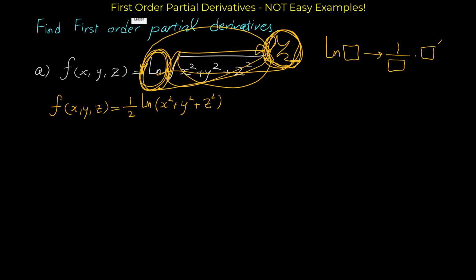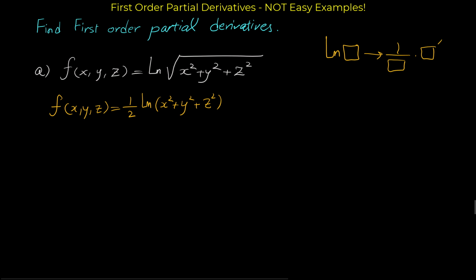So first we use this property, and then we find the partial derivatives. This function has 3 variables, so we have partial derivatives with respect to x, y, and z.